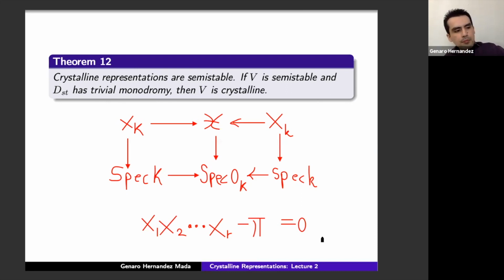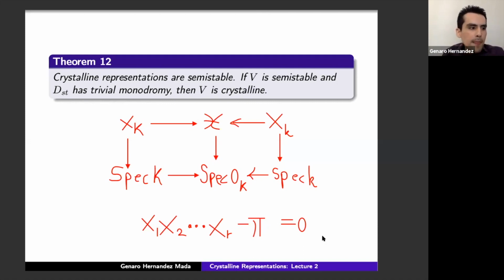Crystalline representations normally come from this good reduction, and semi-stable representations appear in the semi-stable reduction case.